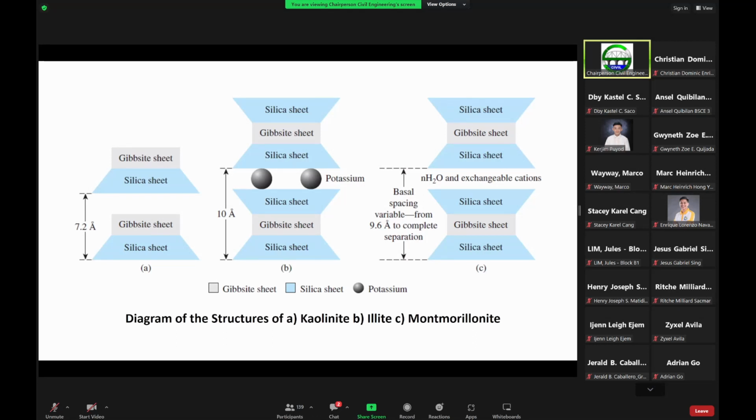You can just imagine how the water will flow between the sheets. It will have an erratic pattern and cannot easily flow through the sheets. That's why the permeability in clays is very slow. Later on, we will have a topic on permeability.